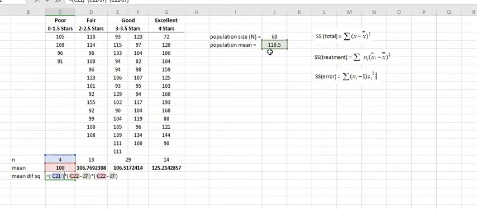Okay, itong 110, that is J7. So, our J7, we will put dollar sign para magiging fix. Okay, J7, and then the other one, dollar sign, and then dollar sign, enter.